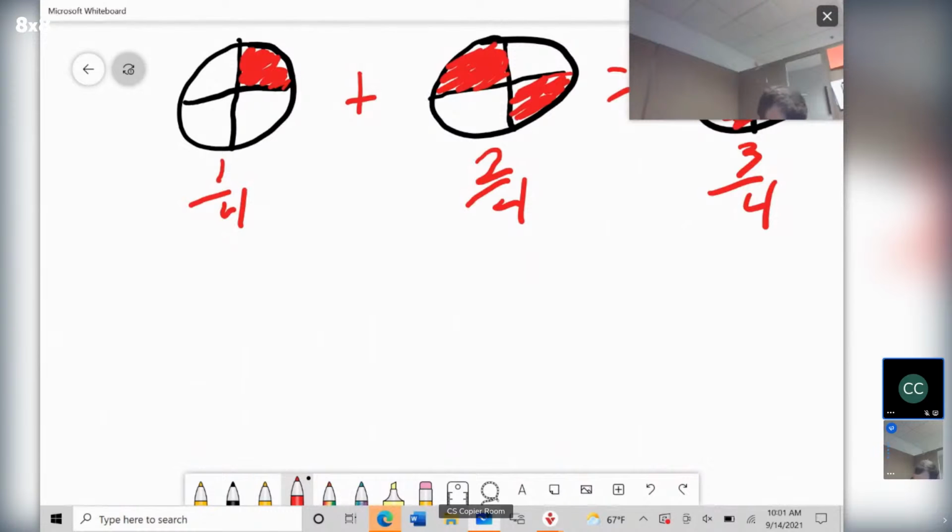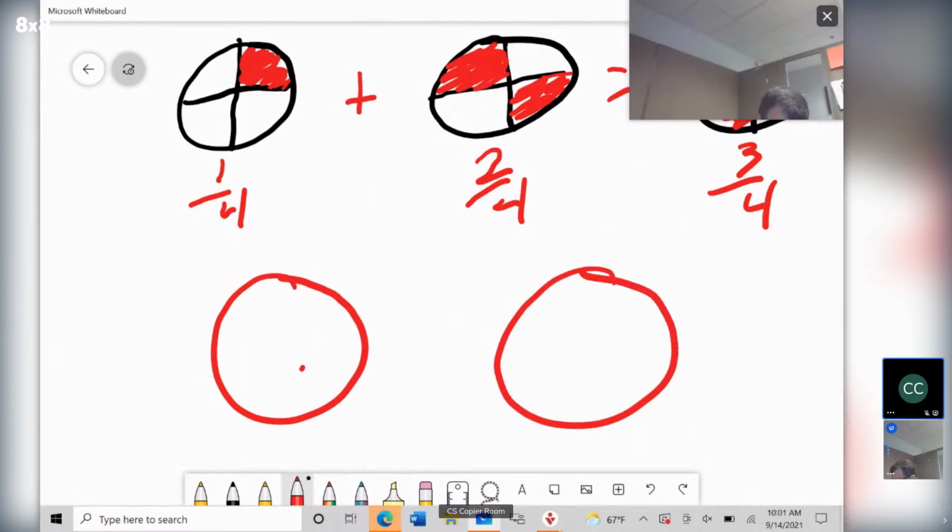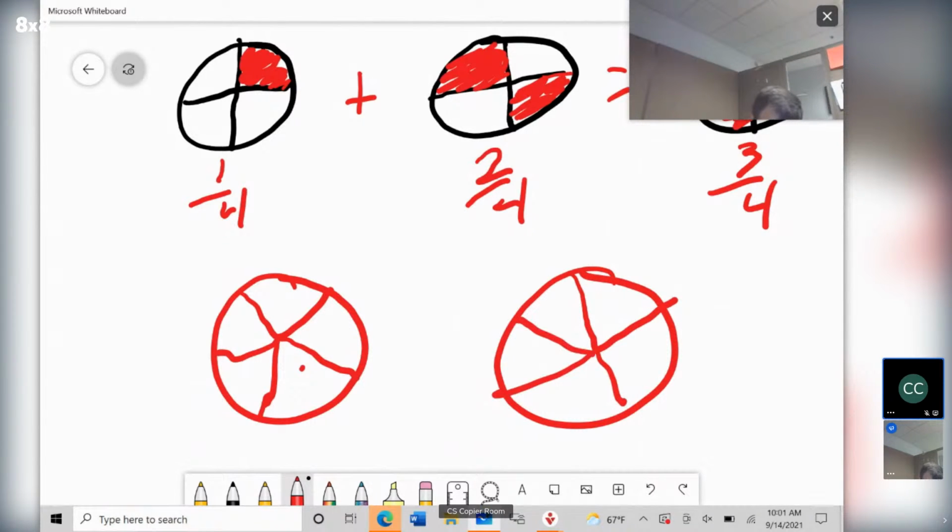We'll use fifths. So we'll try to break this into fifths. One, two. Each of these is a fifth.